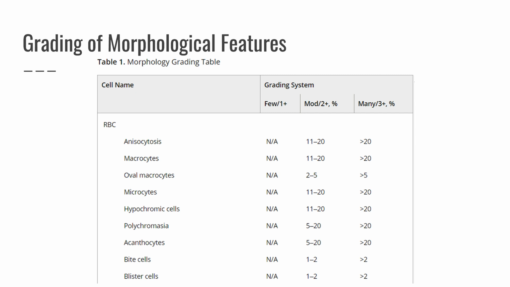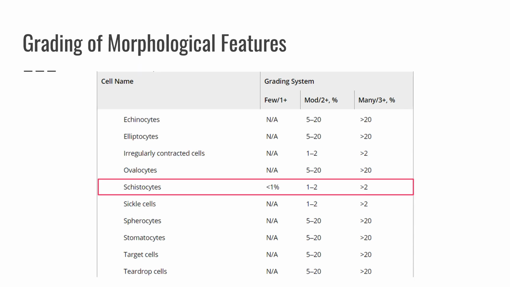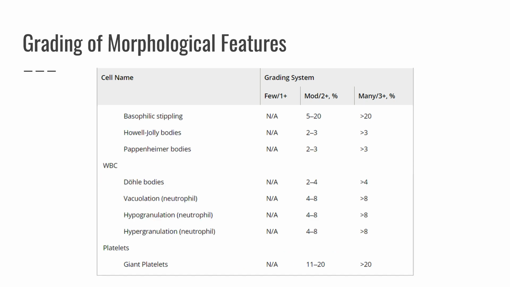And by the way, the percentage will be determined by assessing at least 1,000 RBCs. The only exception to the two-tiered grading system are the schistocytes, for which the designation of 1+ or few or rare is already clinically significant.